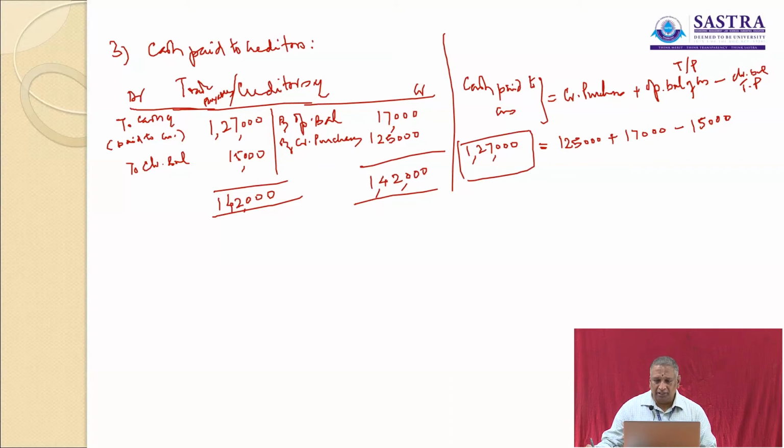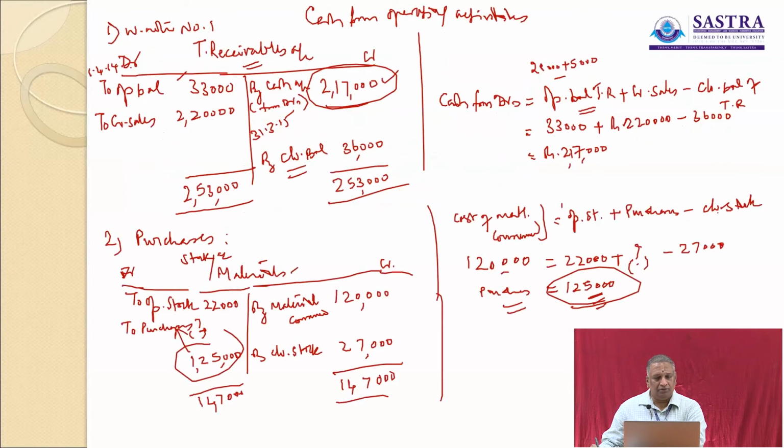If you are comfortable with the equation, you have to learn it by heart. For always calculating cash paid to creditors, it's going to be credit purchases plus opening balance of trade payable minus closing balance of trade payable. Or you can understand it in the form of a ledger. So this is with regard to cash paid to creditors. Now expenses.